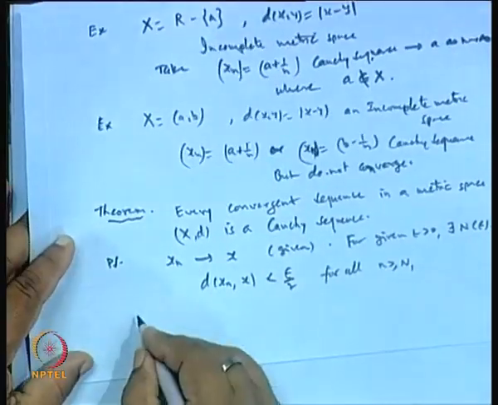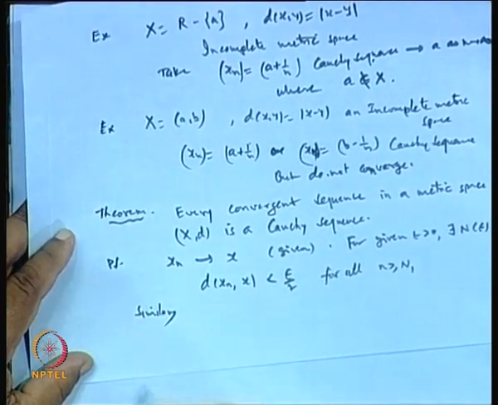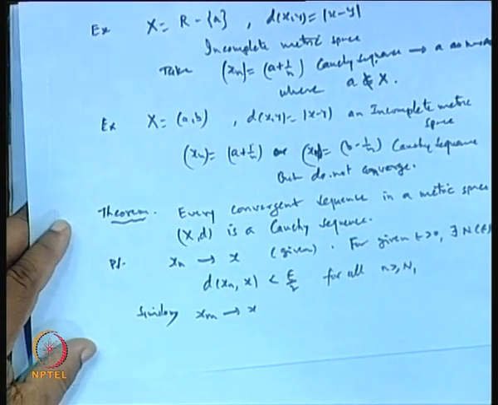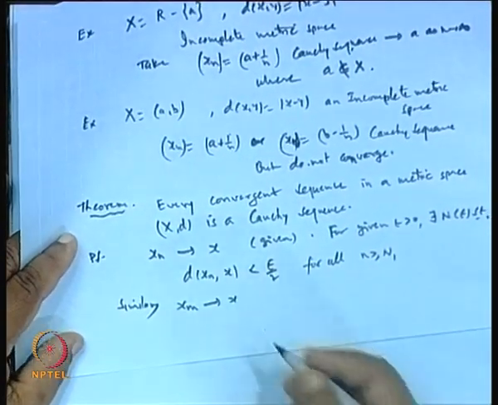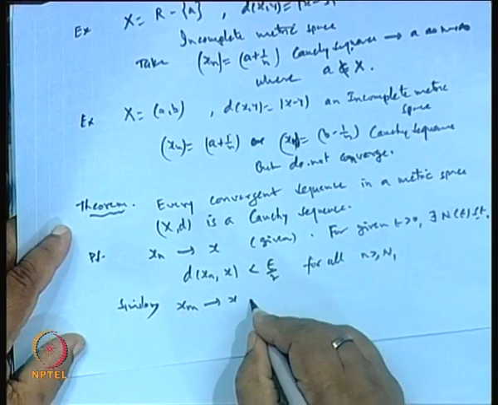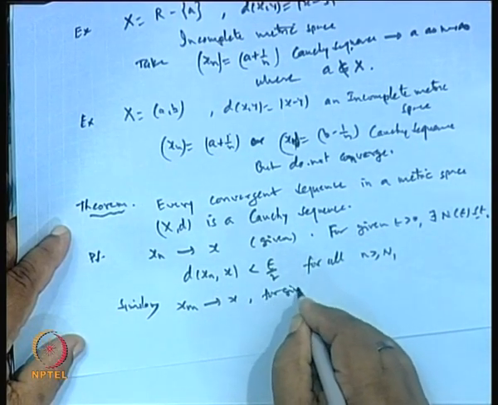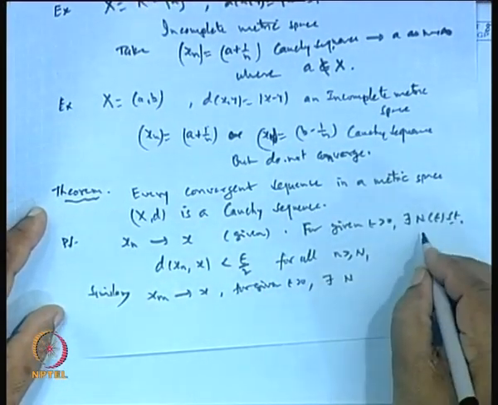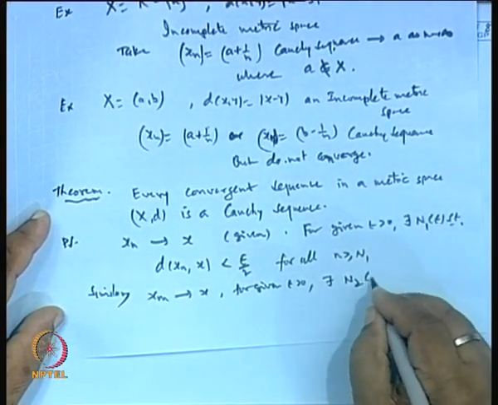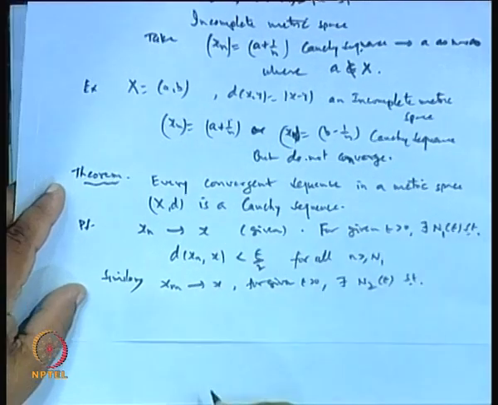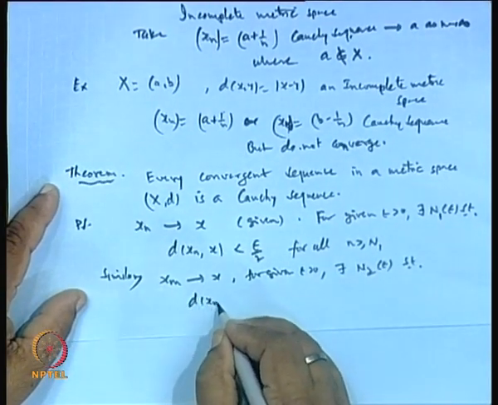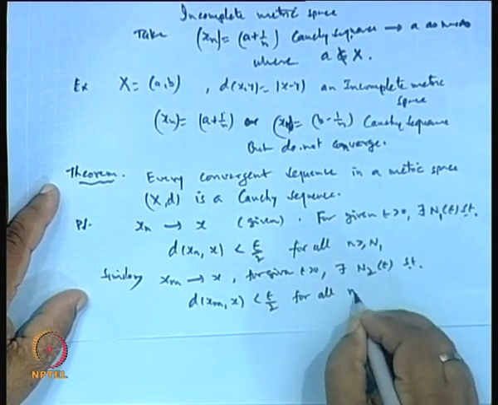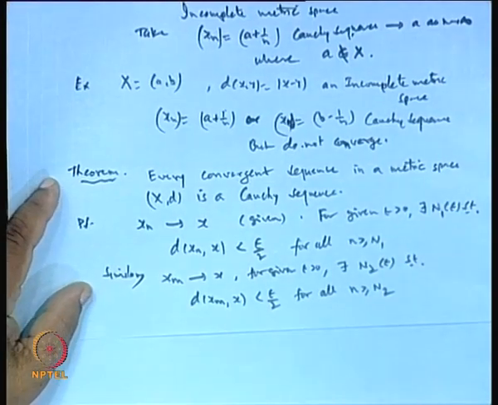Similarly, we can say a sequence x_m converges to x. For the given epsilon greater than 0, there exists, say, N1 and N2 depending on epsilon such that d of x_m comma x is less than epsilon by 2 for all m greater than or equal to N2.